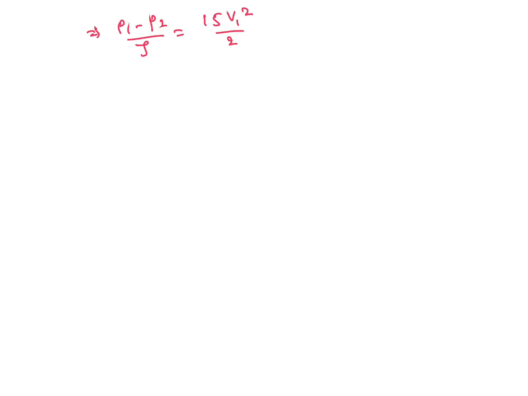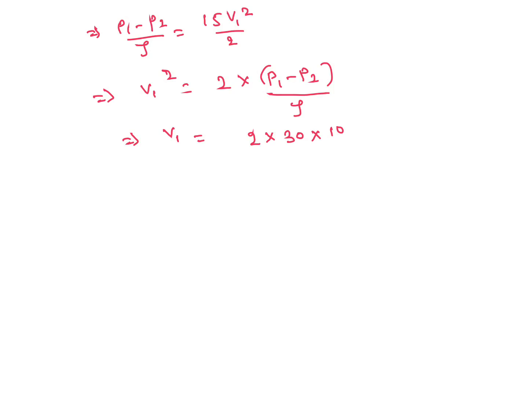So V1 square equal to 2 into (P1 minus P2) by rho. V1 equal to root over 2 into 30 into 10 to the power 3 divided by 10 to the power 3, here it's 2 by 15.